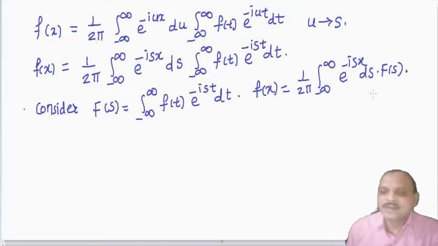Now for symmetry we replace this 1 divided by 2 pi by 1 divided by under root of 2 pi in both the terms.